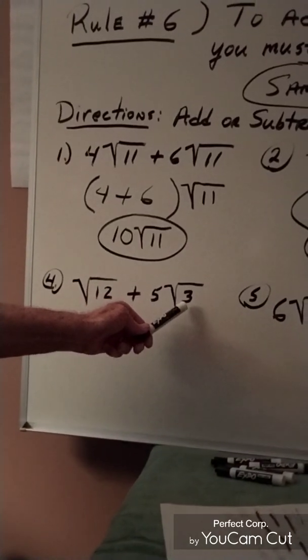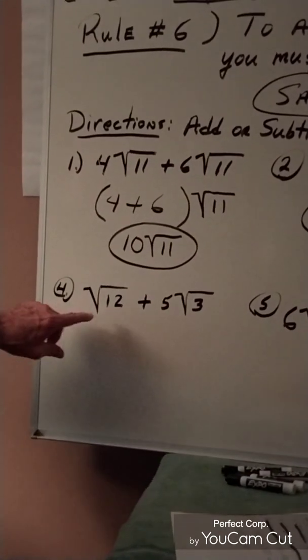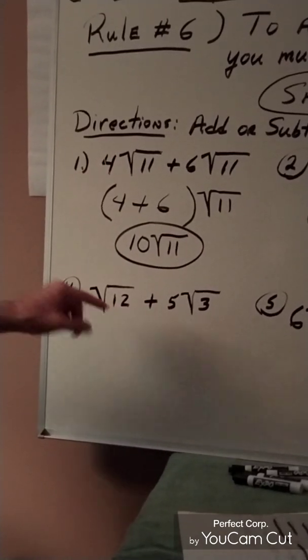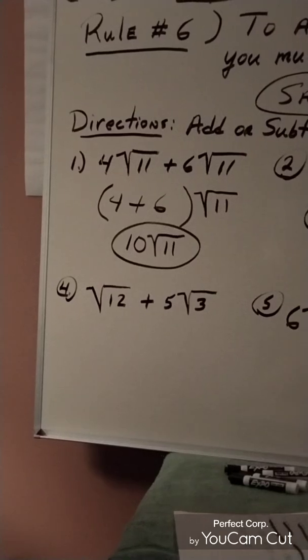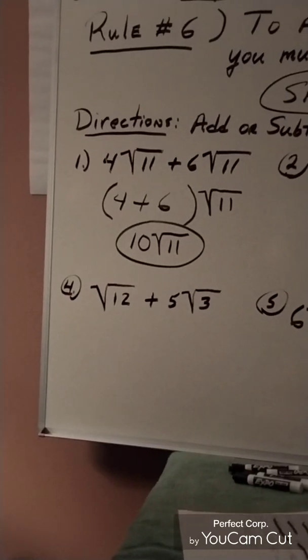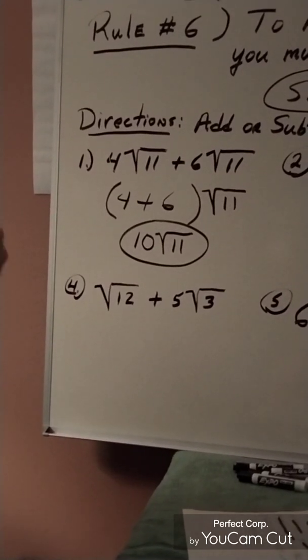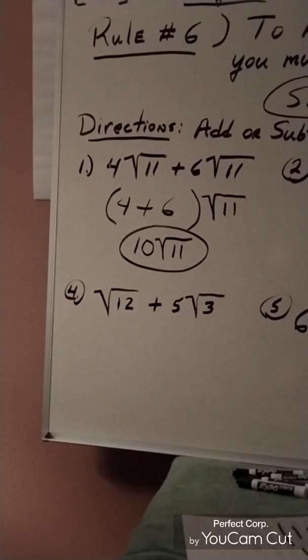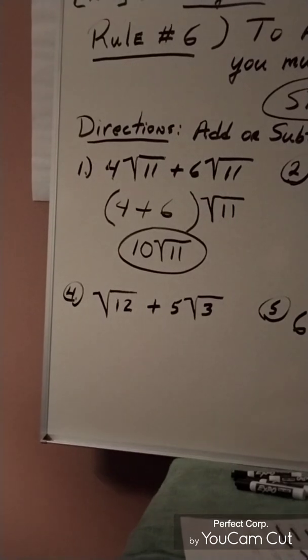Now, we can't do anything more with the radical of 3, but you folks should be able to look at the radicand of 12, and you should be able to identify 2 factors that 12 has, of which one of them is a perfect square. And again, one of them has to be a perfect square.